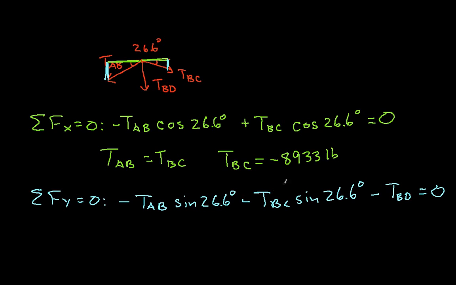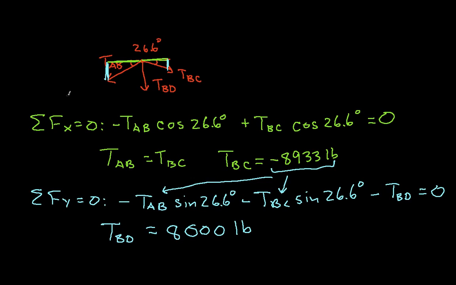I know that TBC is given by this, and because TAB and TBC are equal, it also shows up here, so I can solve this for TBD and discover, after I take these two guys, put them on the other side, and take care of the negative signs, then multiply everything by sine of 26.6, I get TBD is equal to 8,000 pounds.